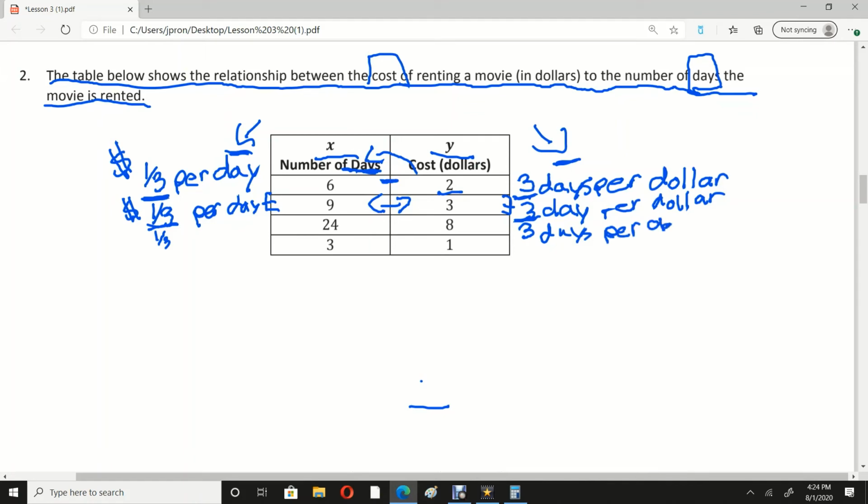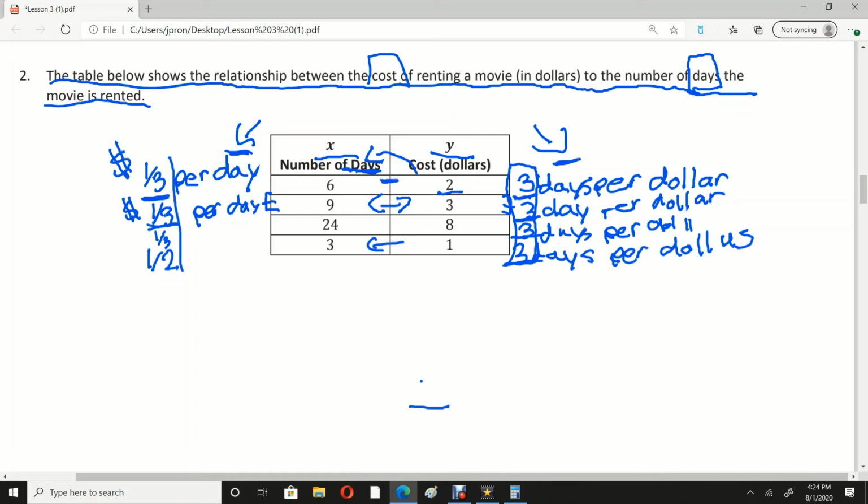Right, and then right here, how many days do we get per dollar? If we spend $1, we get 3 days. So 3 days per dollar. Okay, so all of these sets of numbers are proportional to one another. They all have the same unit rates, whether it's dollars per day or days per dollar.